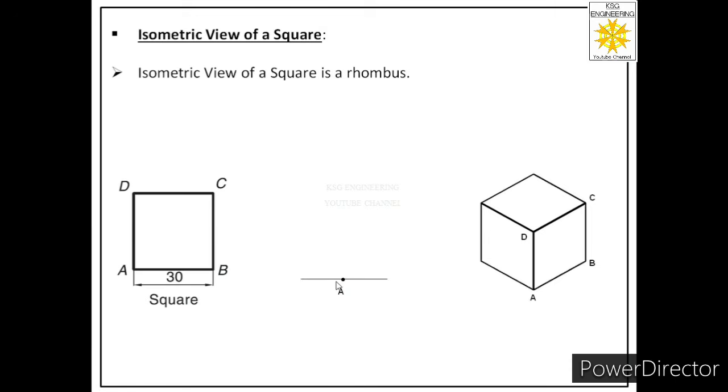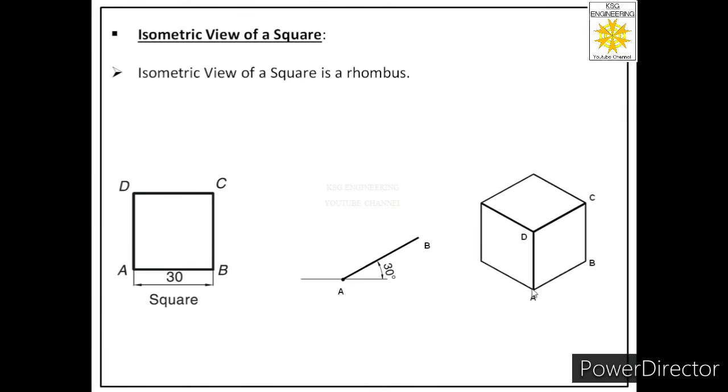So at this point we will put our protractor and we will draw the first isometric axis at an angle of 30 degrees to the horizontal. So on this axis we will represent the length and we will draw this length to the size of the square, which is 30 millimeters. So this length is 30 millimeters. And we will mark this point as point B.